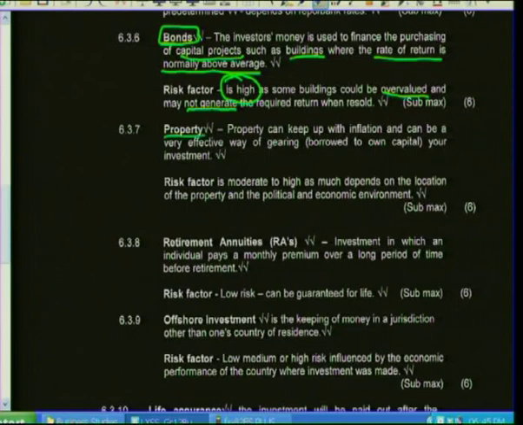Now, property itself, I would definitely use property. Property can keep up with inflation. As you hear, we've been talking about inflation a lot. The only drawback with property is that the location can have a big influence. Let's say you buy a house, and 10 years later, this area is so full of crime and the houses have gone down.